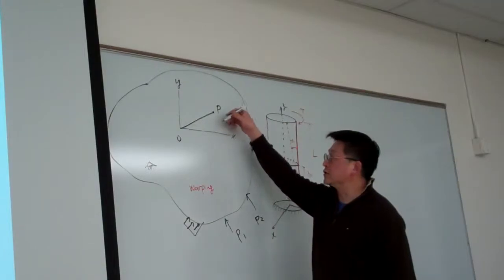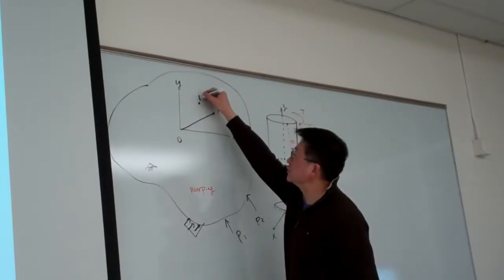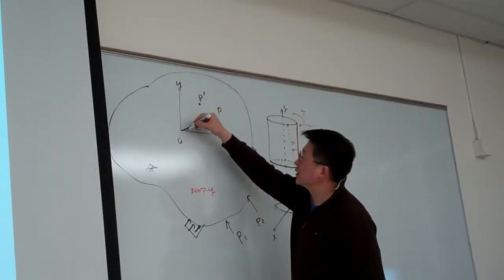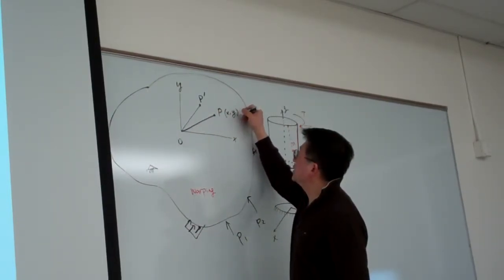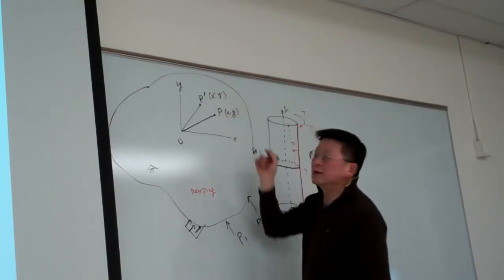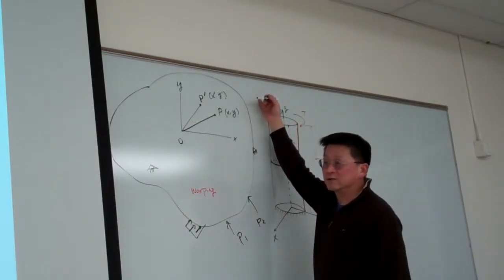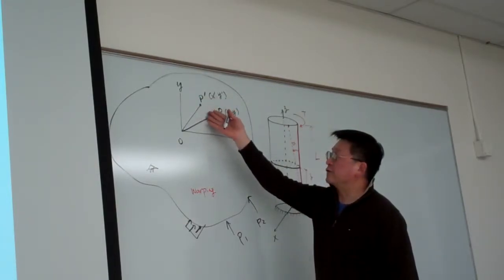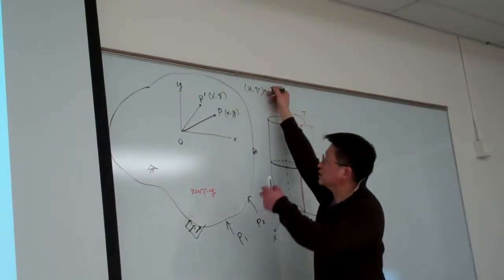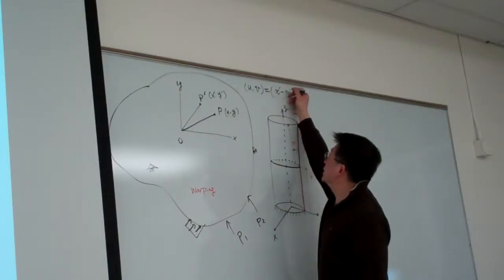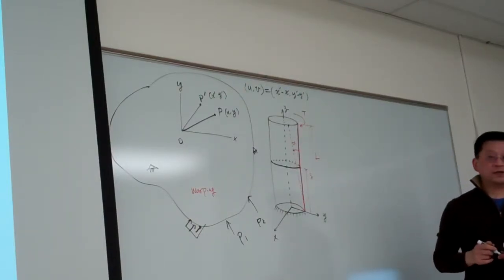Under these situations, due to the reaction to loading, this point will displace to here, P prime. Okay, so that means in this way the coordinates, say this is x, y, this is x prime, y prime. Again, from previously we learned the displacement is defined as the difference between after and before. So here, in the two-dimensional scenario, that is simply x prime minus x and y prime minus y. So that is the definition of the displacement.